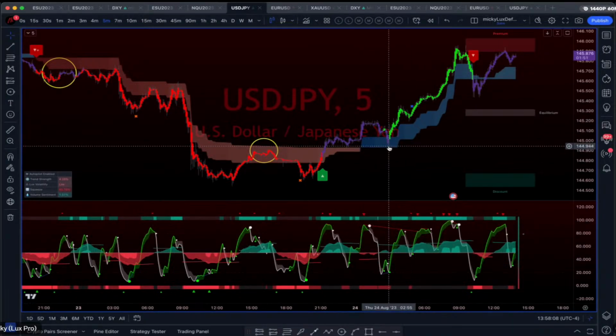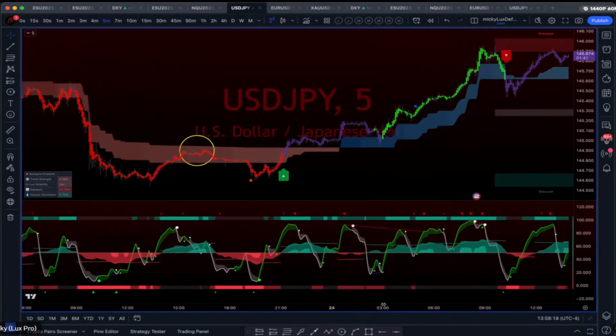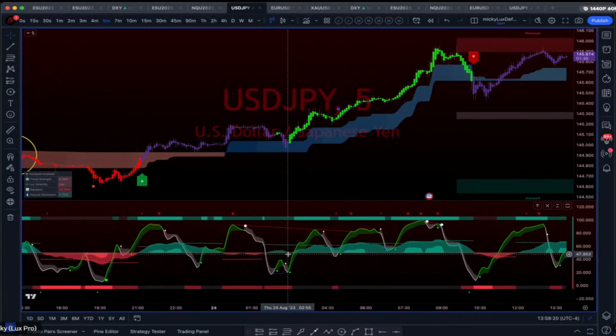If you wanted to wait for NeoCloud candle coloring with money flow and matrix turning point, now we're going to really drill it down. It would have been somewhere here, right? I'm not going to lie to you. You could have taken it here, right? Or you could have taken it here. Those are two good entries.